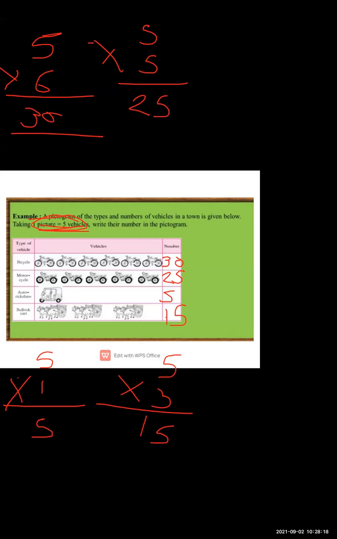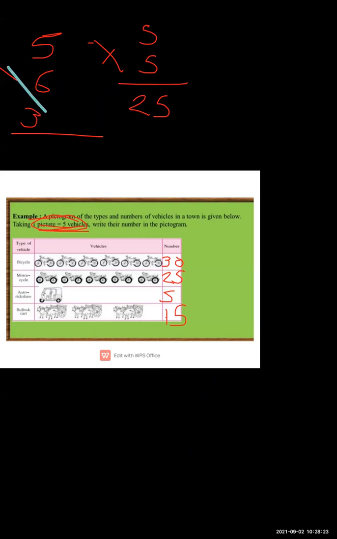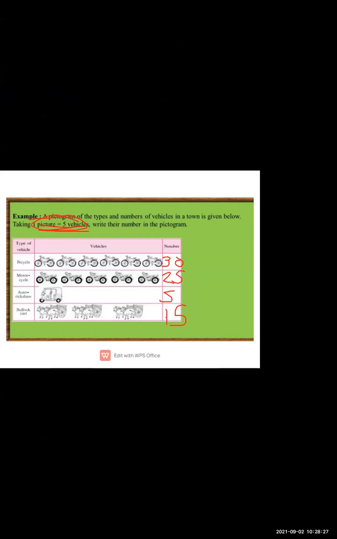But what happens, students? It is very difficult to draw the pictures. It is very difficult for us. That's why we have converted the pictogram into a bar graph. Now we can easily find out from the bar graphs. How? By the number we can easily find out.